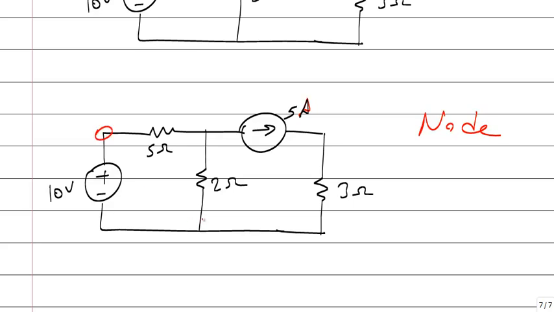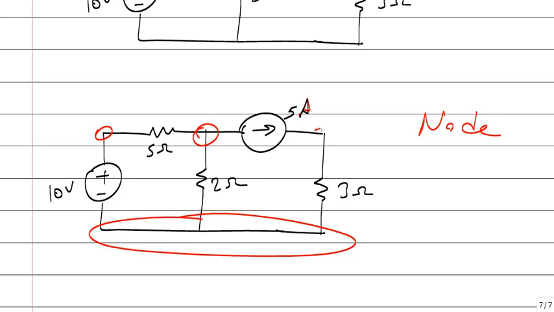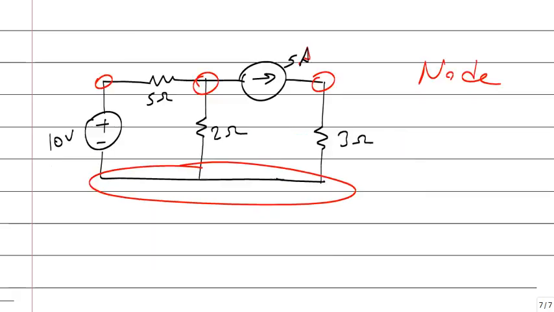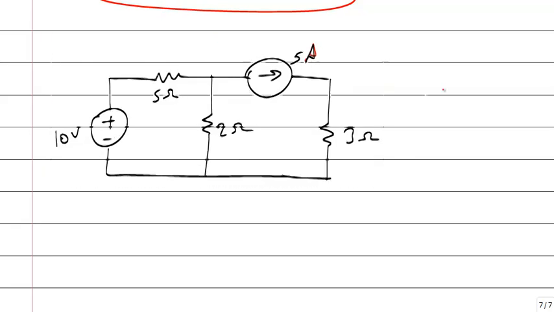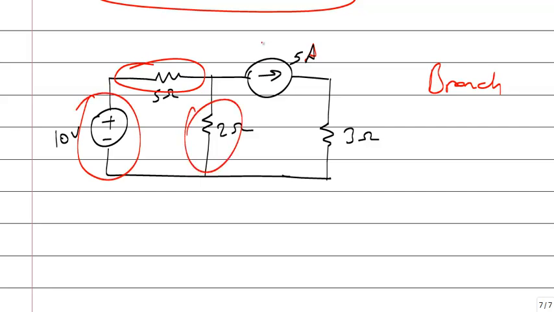A node, another node, another node, another node. How many nodes? 4. Branch: one component between nodes. This is a branch, another branch, another branch, another branch.